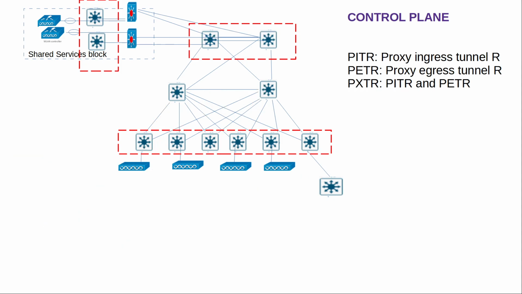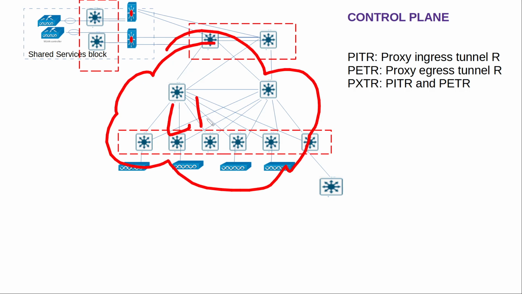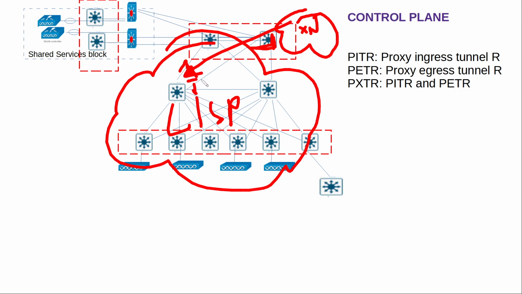Now, if I have a LISP domain and I have an external network, and I have one device that will let me receive packets from my external network into my LISP domain, I will call that device a proxy ingress tunneling router.